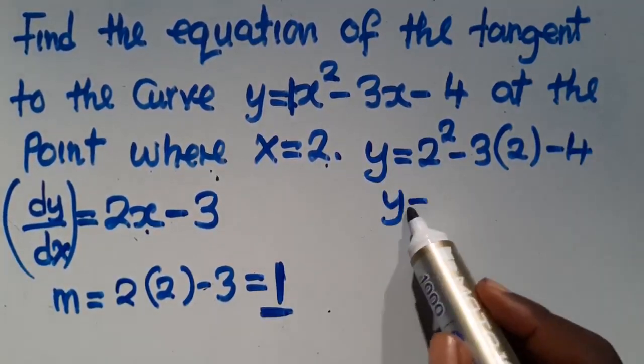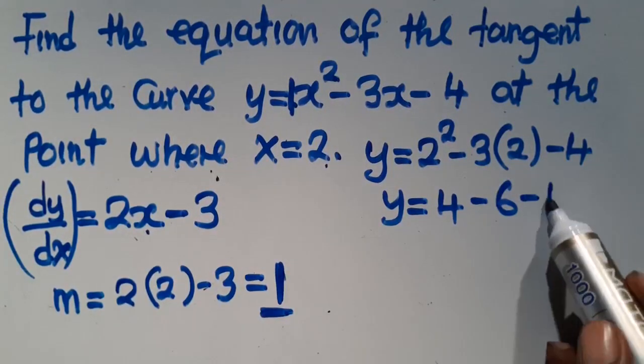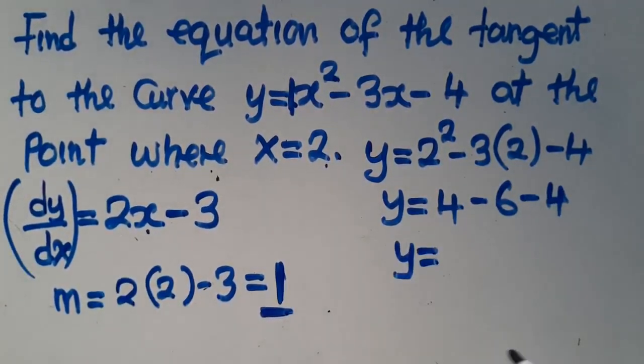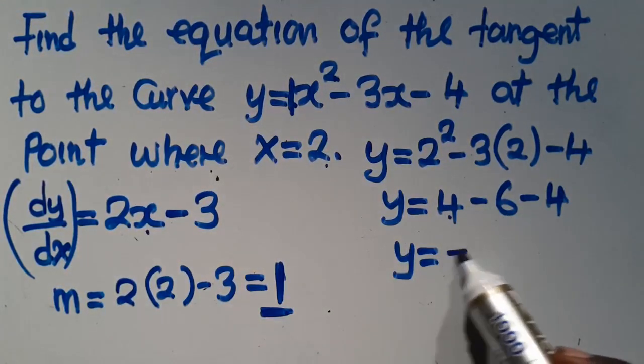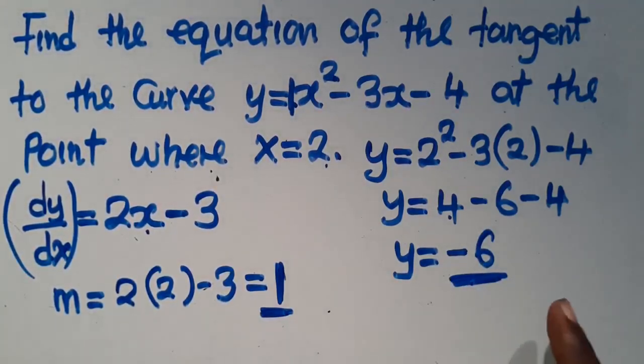Y is equal to 4 minus 6 minus 4. What value are we going to get there? So this is negative 6. Y is equal to negative 6. So we've got y negative 6, gradient 1.